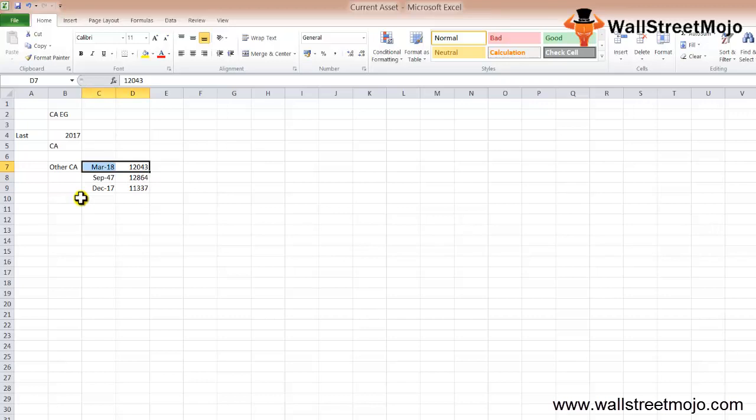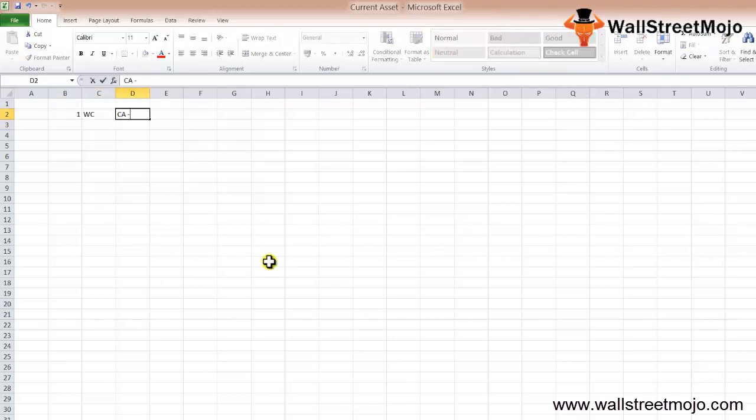So how to analyze the current assets? The first and the foremost thing is working capital. I'll go to the next sheet. Now, working capital is basically your current assets less your current liabilities.